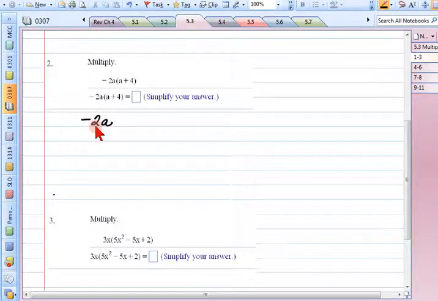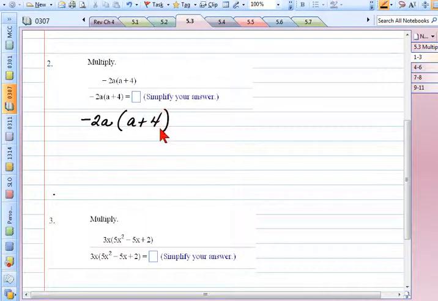I have negative 2a times a plus 4. This time, I'm multiplying a monomial times a binomial, and I need to use the distributive property. I'm going to use the distributive property, and I'm going to use the product rule. What is negative 2a times an implied 1a?